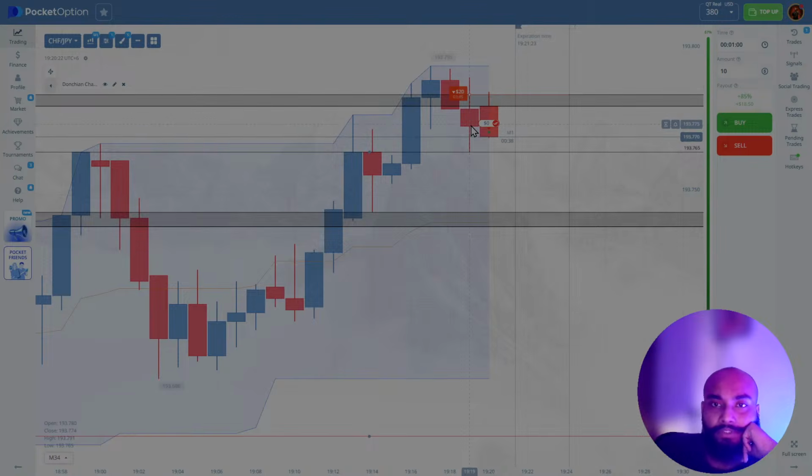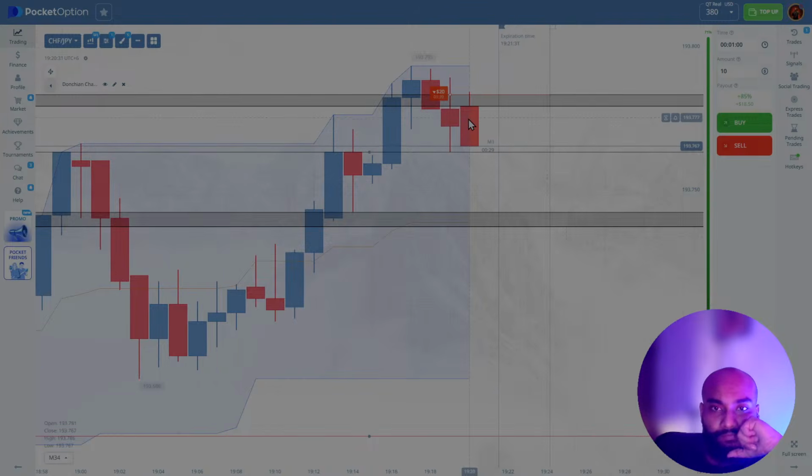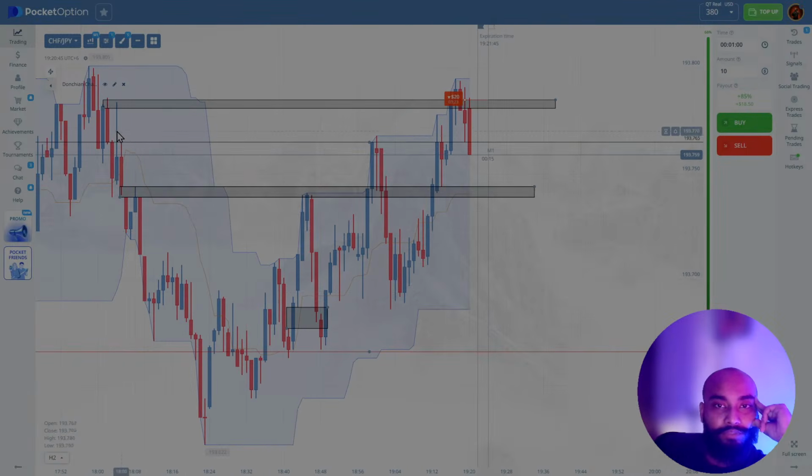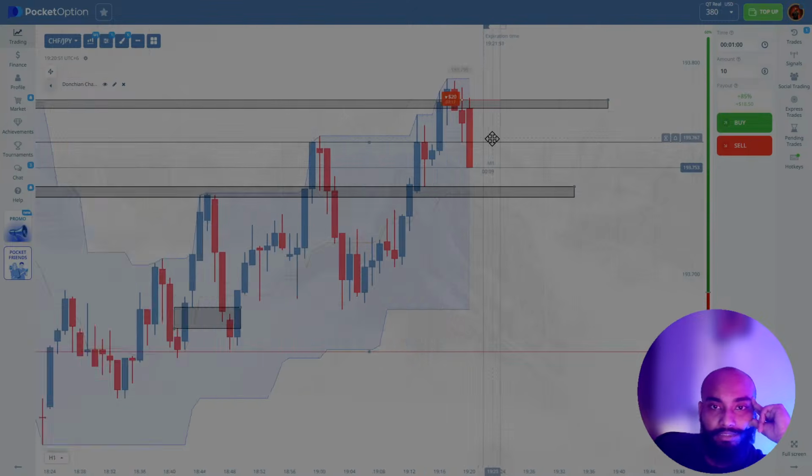No issue with it. You can get some. The market has to go more lower down before it goes more up, because we had lots of support and resistance levels here and there, right?